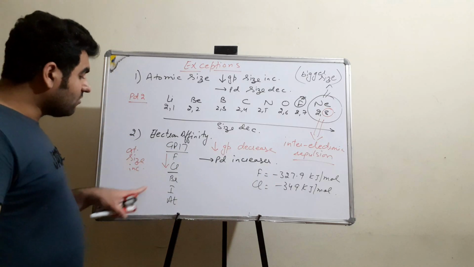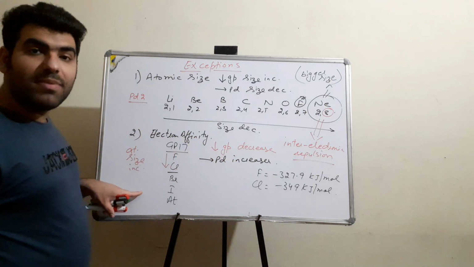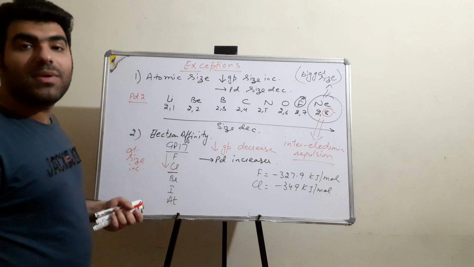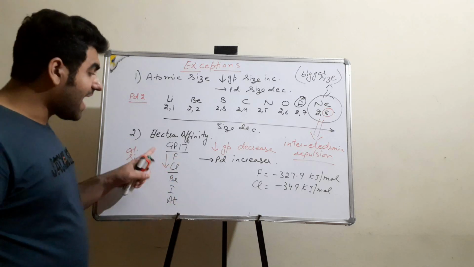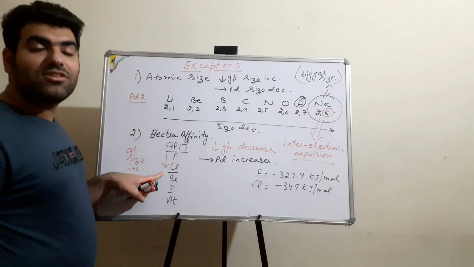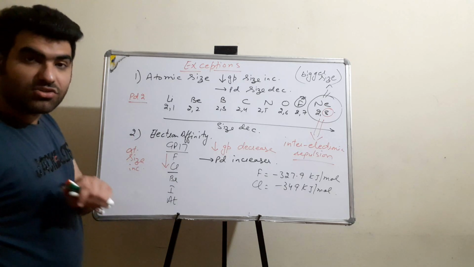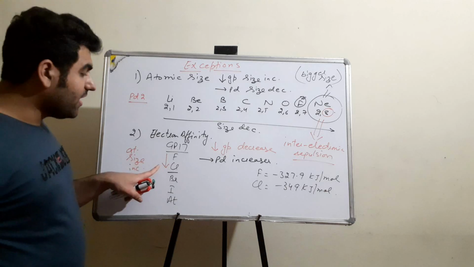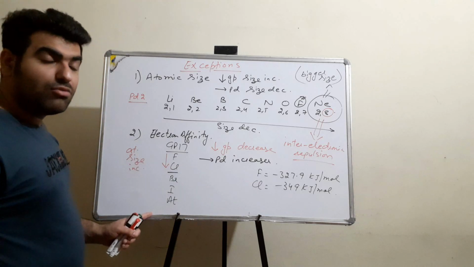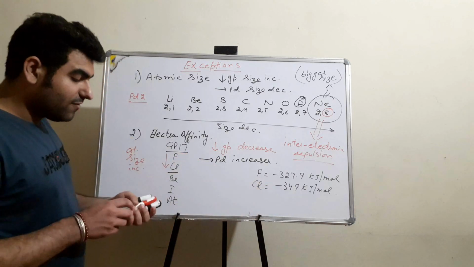Because chlorine has the greater atomic size, the electron is easily accepted, whereas if fluorine accepts the electron, it causes interelectronic repulsion and there will be instability. Chlorine can easily accept that electron on account of its larger size and lesser interelectronic repulsion. So out of fluorine and chlorine, chlorine has higher electron affinity. But the trend says that down the group it should decrease, and we have seen that for chlorine it increases. So that is one of the exceptions.